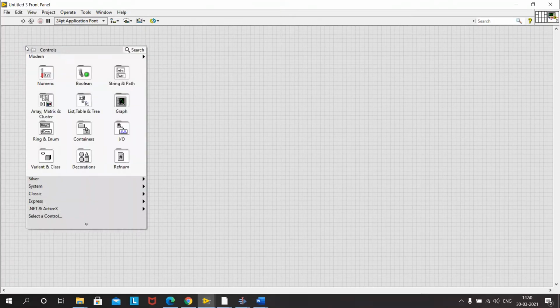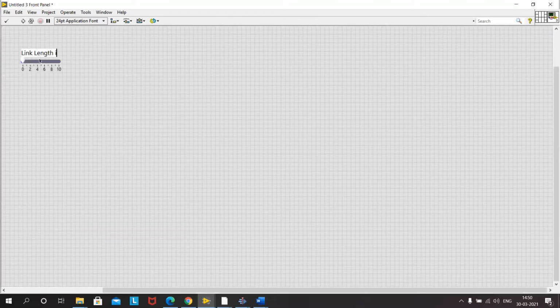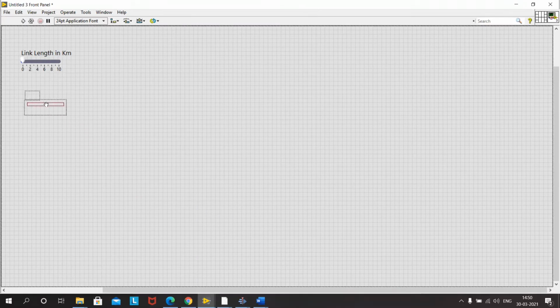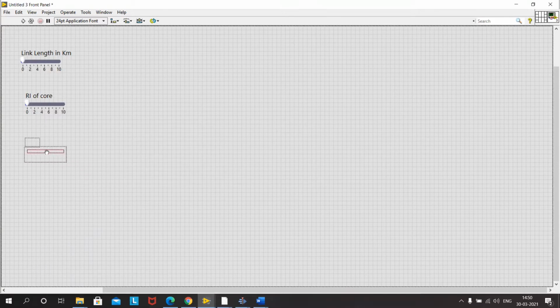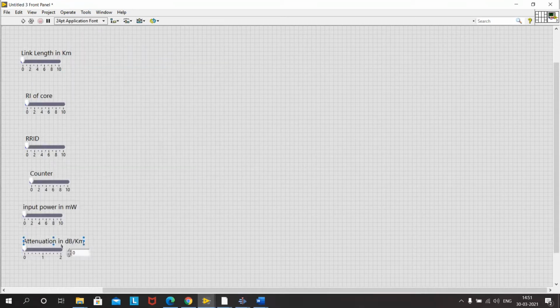Now first we will select our input terminal, the length of the link in kilometer, then refractive index of the core, then relative refractive index difference, a counter, input power, and the attenuation in dB per kilometer.